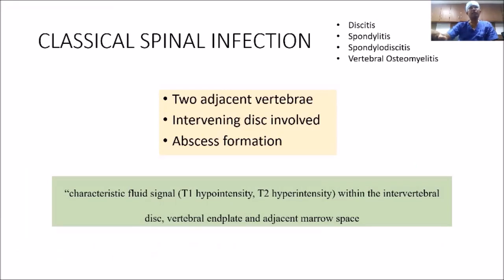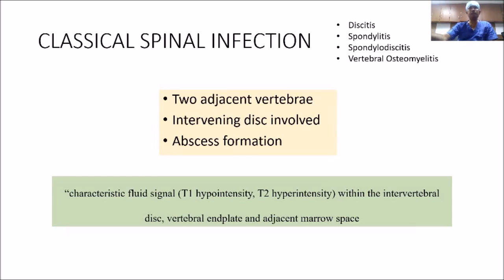So a classical spinal infection, which goes by different terms like discitis, spondylitis, or vertebral osteomyelitis, involves the infection of two adjacent vertebrae with an intervening disc and an abscess formation either within the vertebra or in the surrounding region.